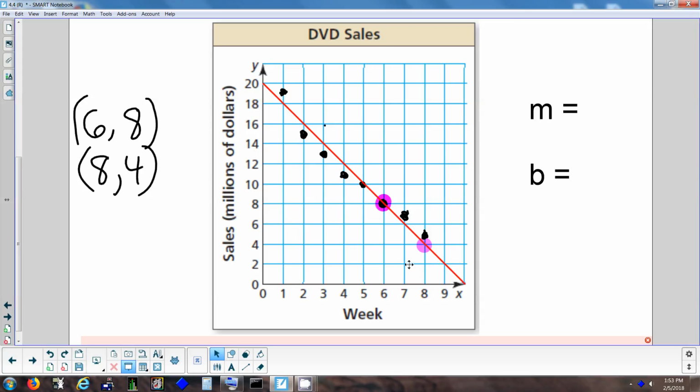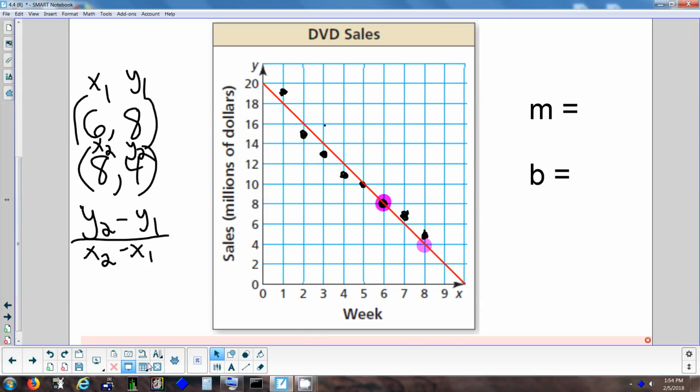All right? So we talked about what we want to use, and then what did we say the formula was again? Y2 minus Y1 over X2 minus X1. Alright?